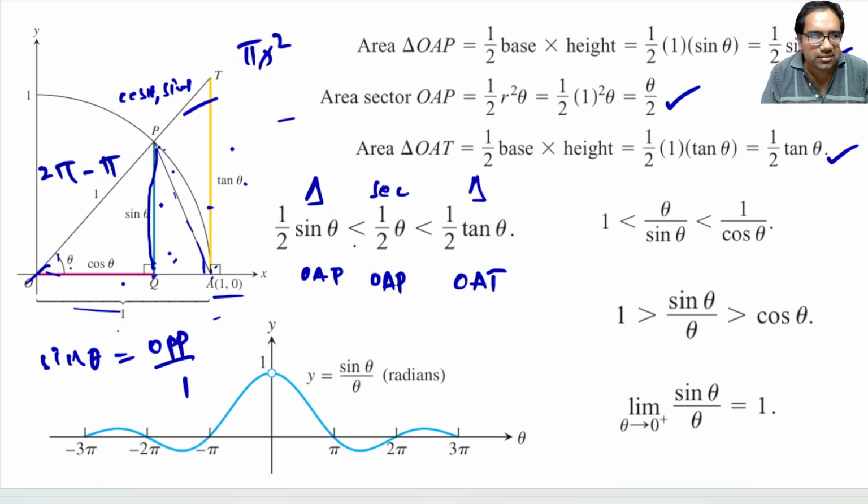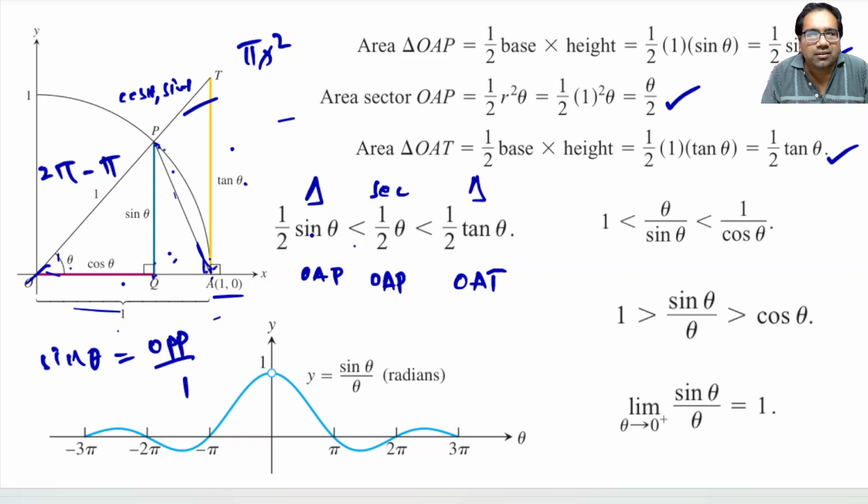PA is this length, this height will always be lesser than PA, and PA will always be lesser than the length of this curve, because a straight line would always be lesser than the distance of any curve or any distance covered by joining by any other means. If it is not a straight line, it would not be the smallest. Okay, we are trying to say this basically. Now we have got this.